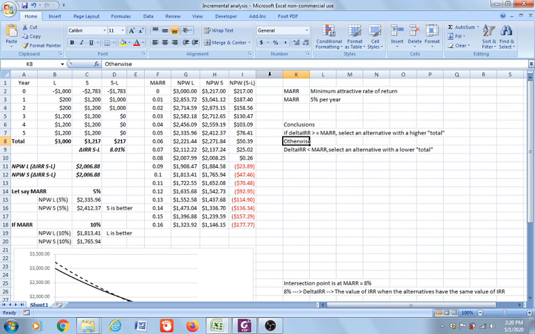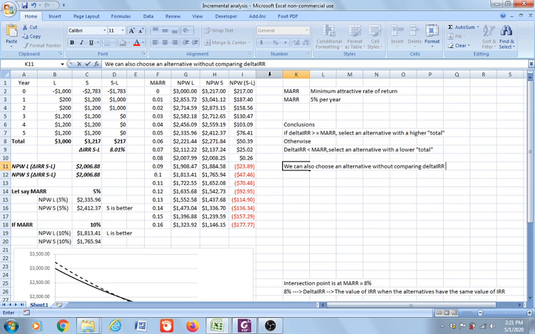But we can also choose an alternative without calculating the delta IRR. So we can also choose an alternative without comparing delta IRR with MARR.